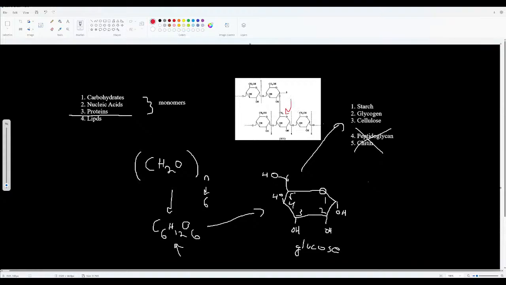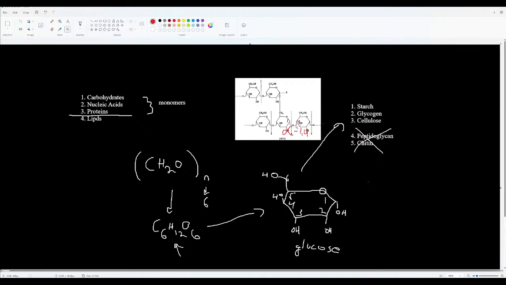For example, let's take this glucose. We have one on this sugar, and then the other sugar we have on the 4 carbon. So when we say 1,4 glycosidic linkage, glycosidic referring to sugar linkage, glyco meaning sugar, meaning glucose, 1,4 at the 1,4 carbon position and the alpha position. So this is an alpha 1,4 glycosidic linkage.